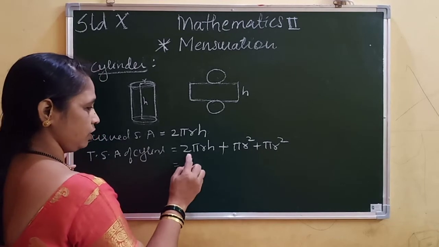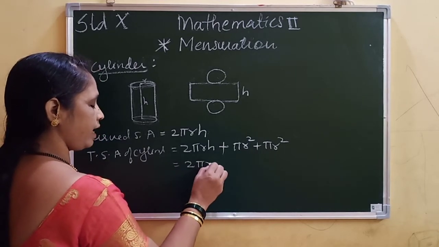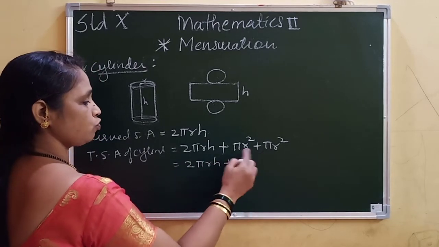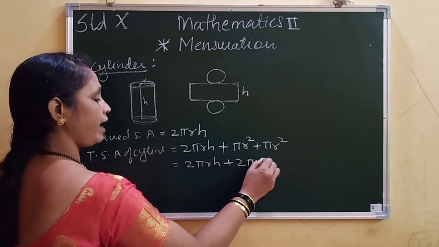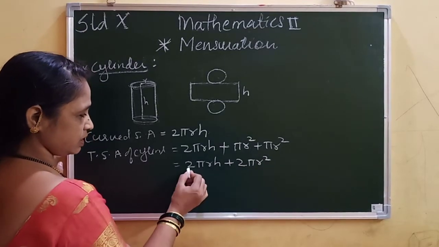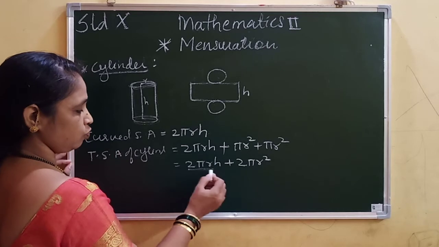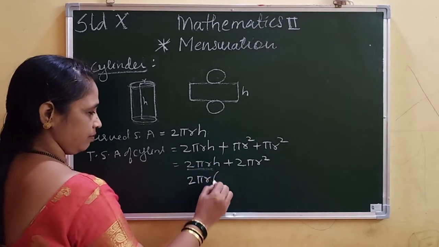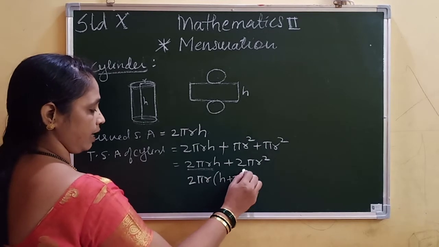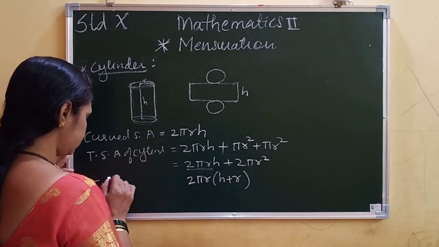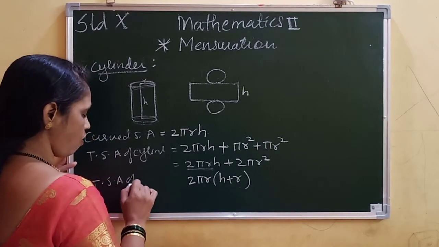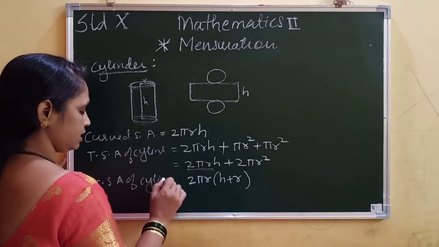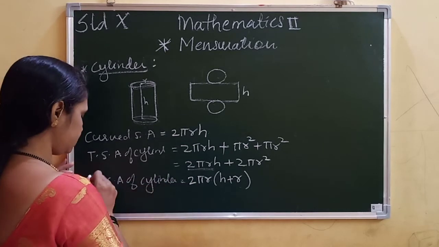So it is 2 pi r h plus 2 pi r square. Now from this what can we take common? We can take 2 pi r common, so 2 pi r bracket h plus r. This is the total surface area of a cylinder.